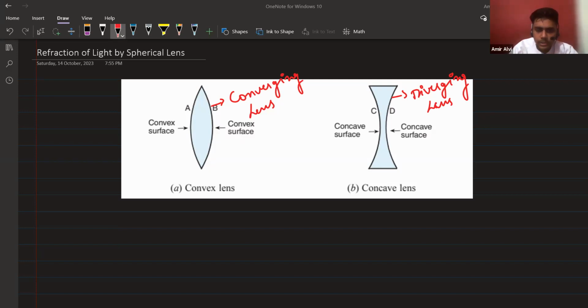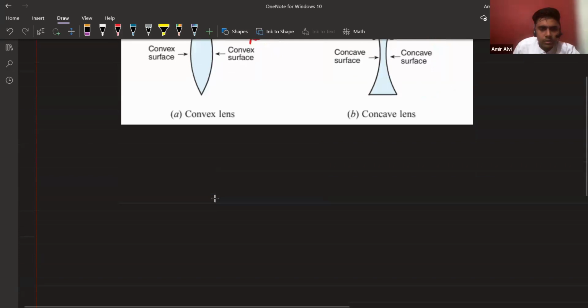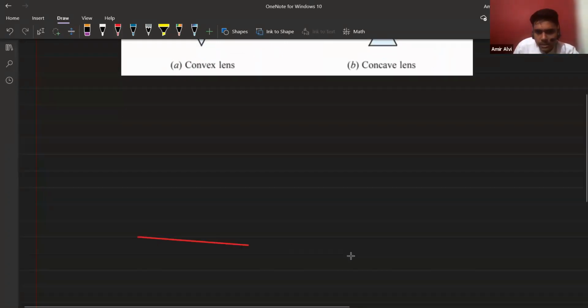Let me paste one picture here of a convex lens. Let me tell you what our basics are.